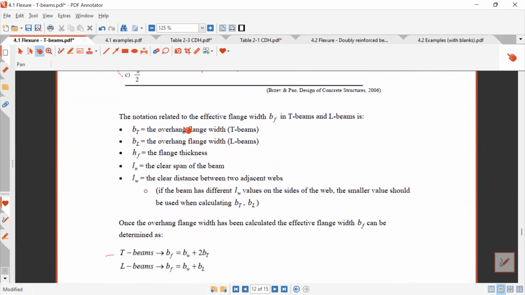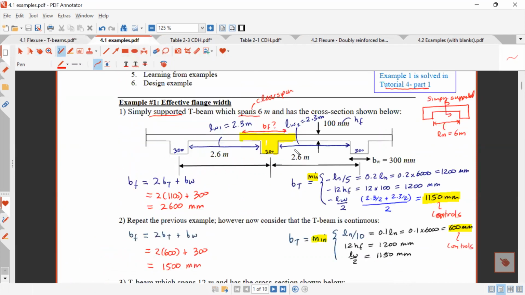Okay, here I actually didn't follow what I wrote here. So we should actually just take the smaller of these two. So let's say this was a different thing than here, then you take the smaller one. I'm not sure if I caught that in the tutorial as well, but that's the correct way.